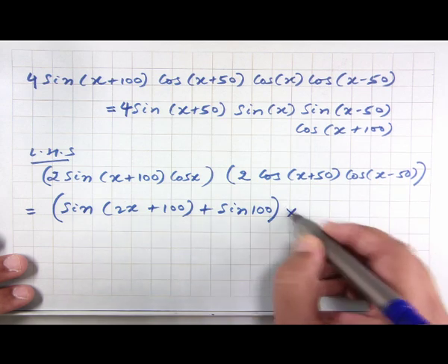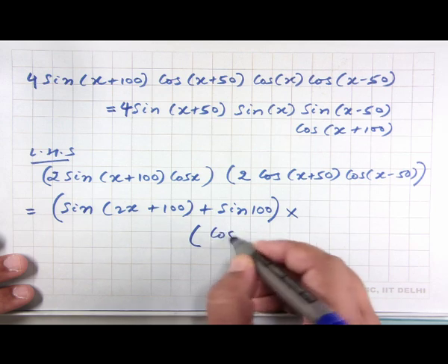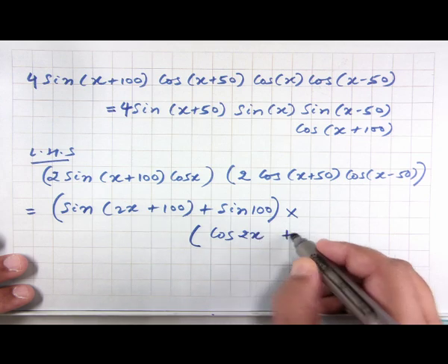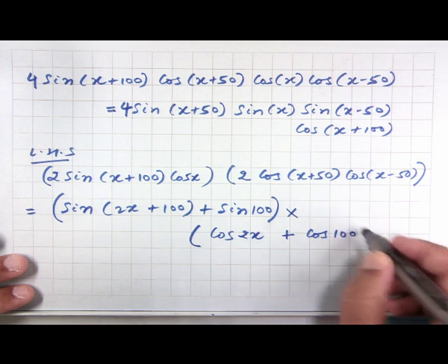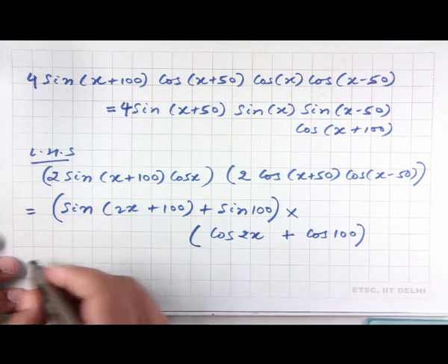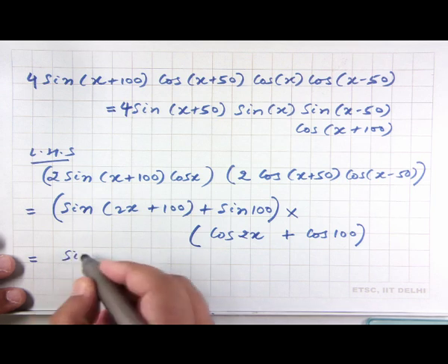So this term becomes this multiplied by cos A plus B, which will be cos 2x, plus cos A minus B, which is going to be cos of 100, and then of course we can write all the 4 terms here very nicely.